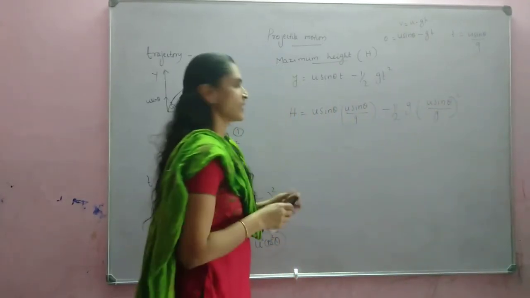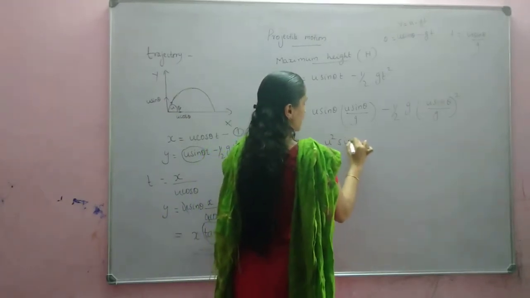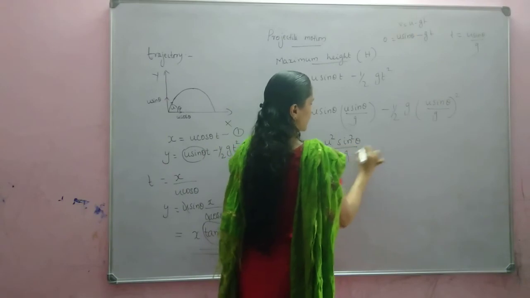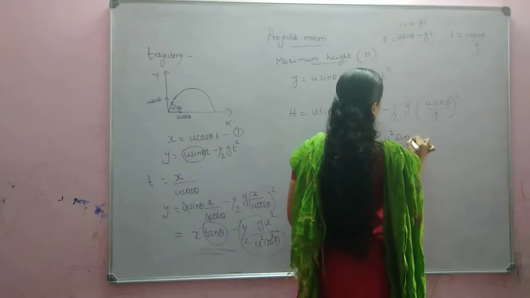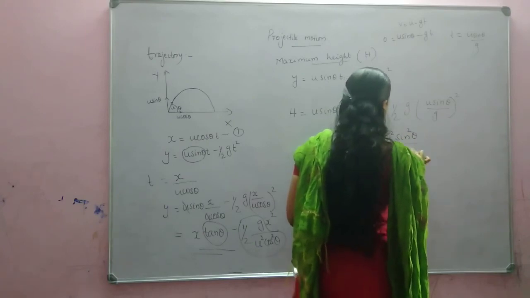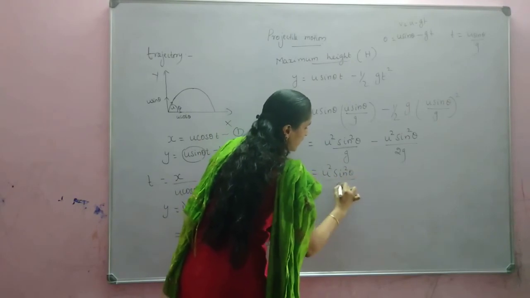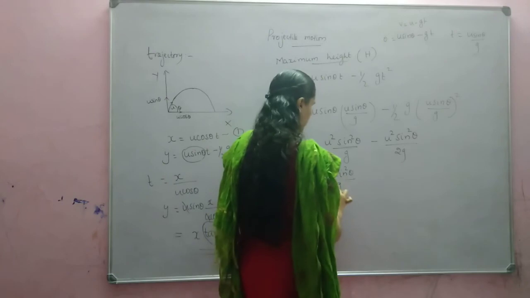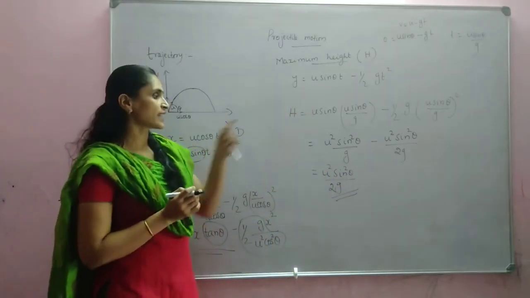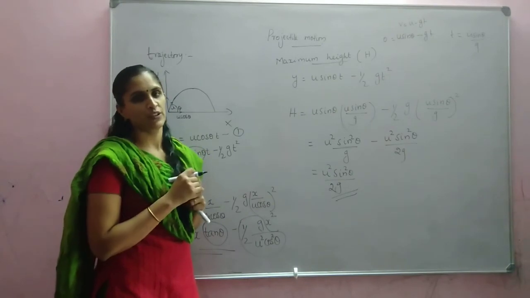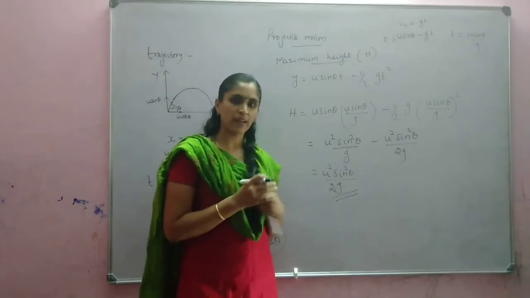You will get u square sin square theta by g minus, here one g will be cancelled, u square sin square theta by 2g. Taking u square sin square theta by g common, 1 minus half gives half. So you will get u square sin square theta by 2g. That is the expression for the maximum height.